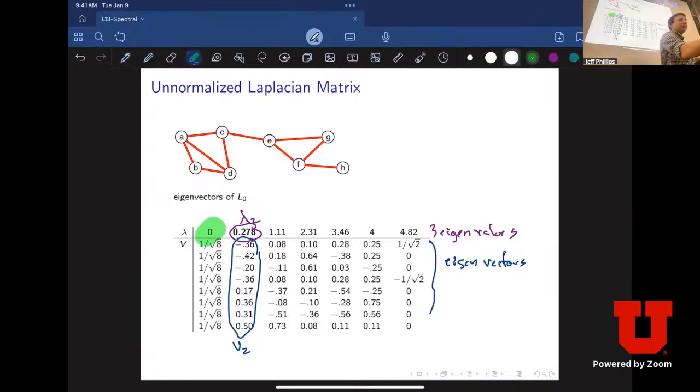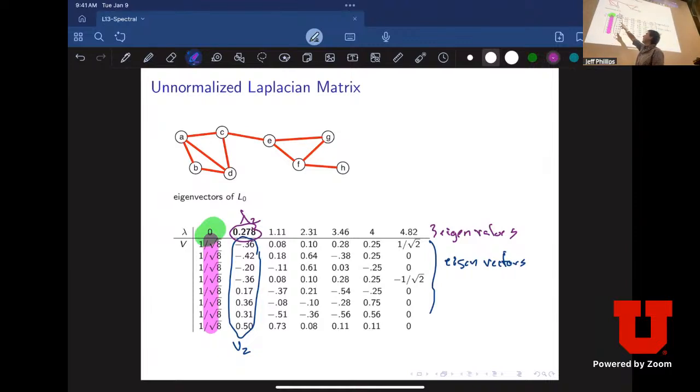That's not going to be too helpful. And these entries will always be the same, always 1 over square root of n. Again, not too helpful. It's going to be basically true for any connected graph. So the first one is not going to tell me much.